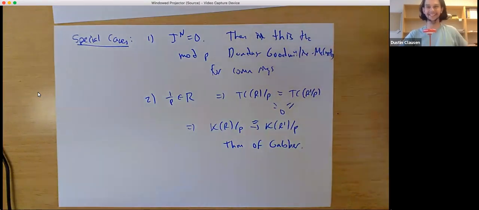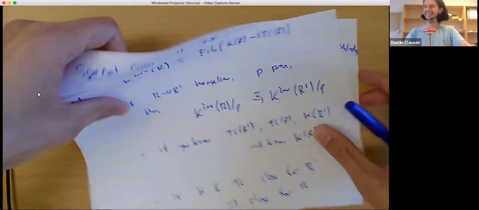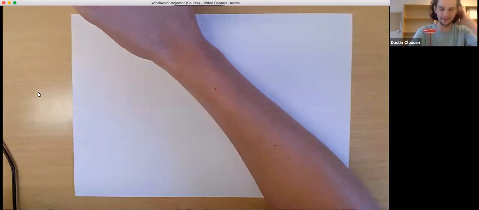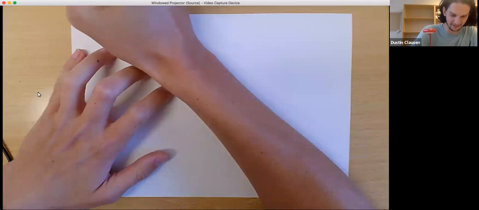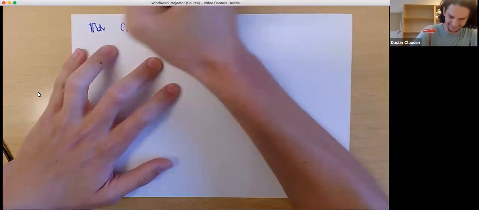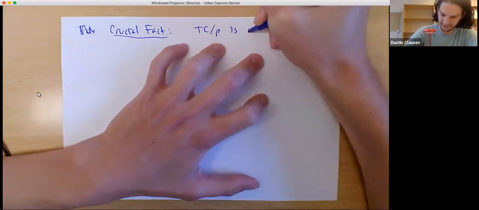Well, this is the following fact, which is actually quite remarkable, but I can explain more or less why it's true. So this crucial fact that we proved, and I'll say it like this: TC mod P is a finitary invariant.